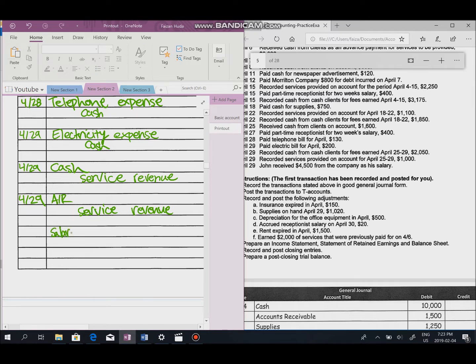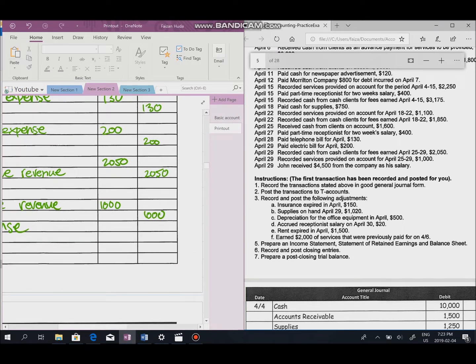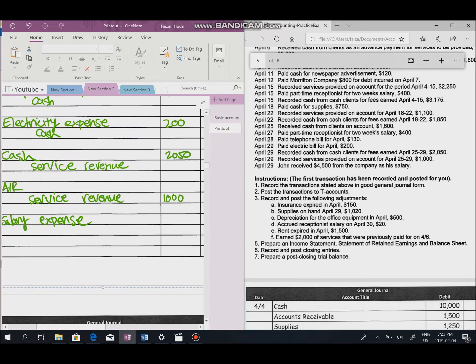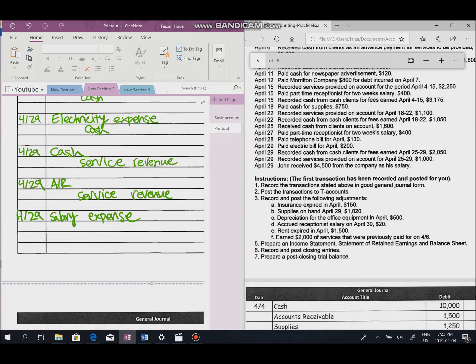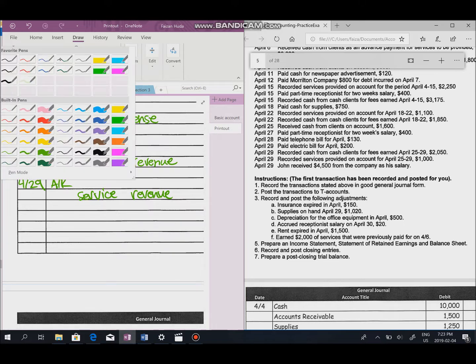So salary expense. And I know I forgot to write my date, so I'm just going to write it after this. So my date is April 29, 4/29. John paid himself $4,500. Also every time you make a journal entry, just make sure to leave a space. It looks nice, which I didn't, so I'll just do it right now.